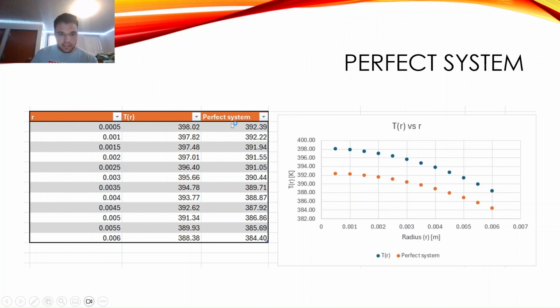And it's also going to be starting lower and finishing lower, so we're going to have to generate less heat. We're not going to have to get up to this 398, we're only getting up to this 392. And then we're losing only 8 degrees Kelvin instead of the 10 in the system.